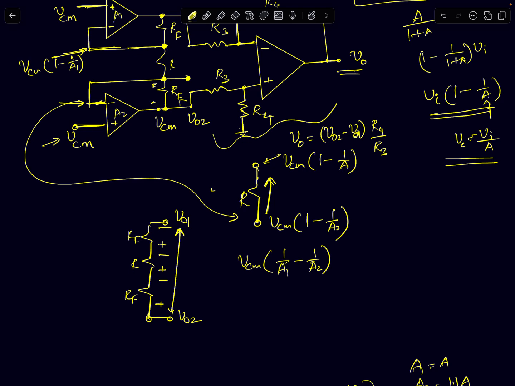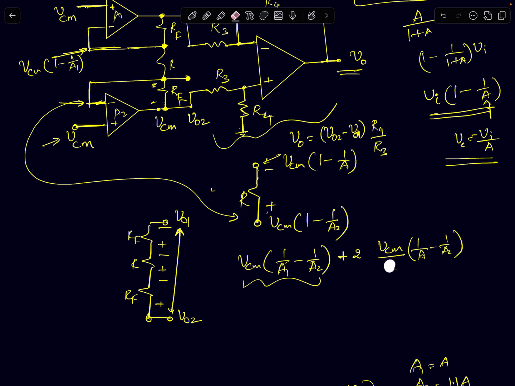The voltage across this resistor is simply VCM into 1 by A1 minus 1 by A2. And the voltage across the two RF resistors, because the resistor values are the same, the current is the same, so the voltage drop will also be the same. So it is 2 into this voltage divided by R, that's the current, VCM divided by R into 1 by A1 minus 1 by A2, times RF.